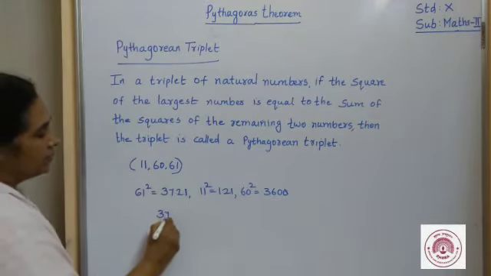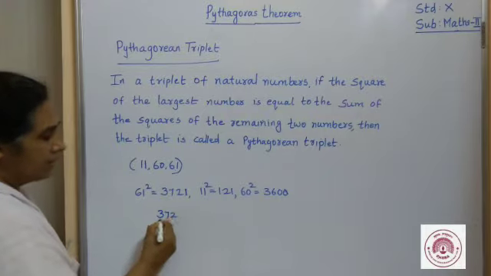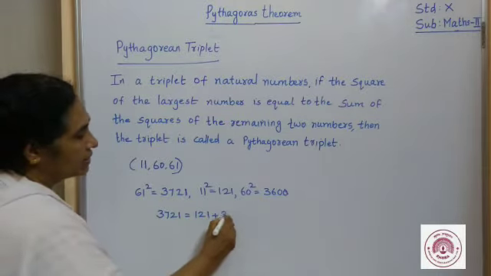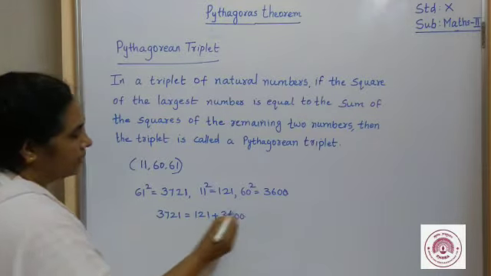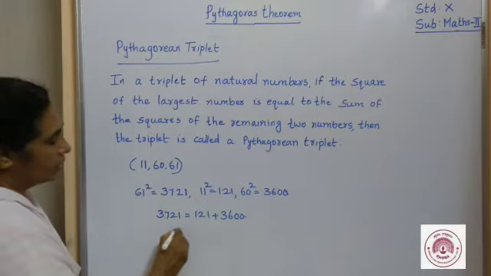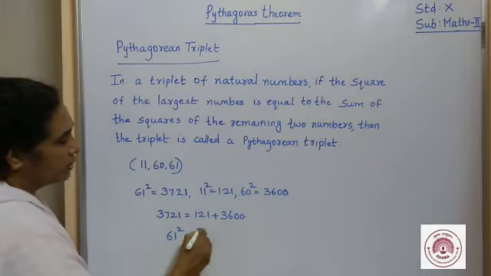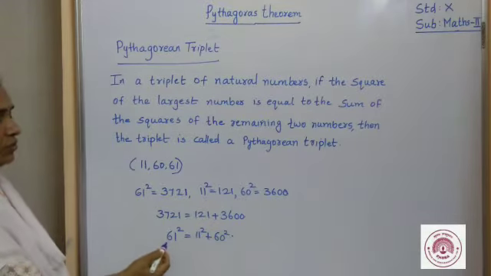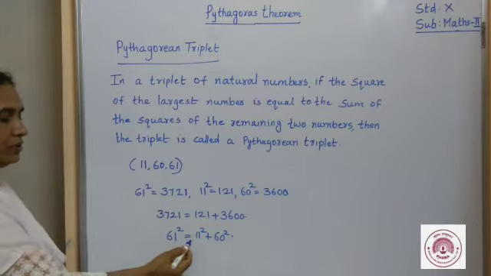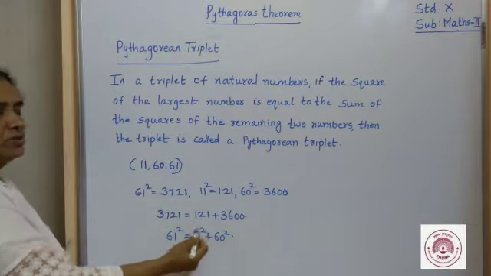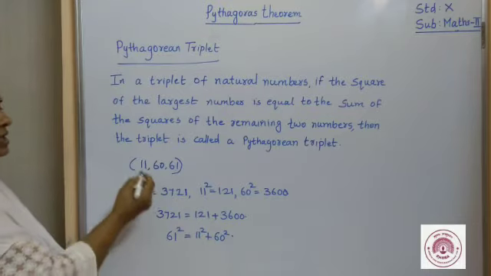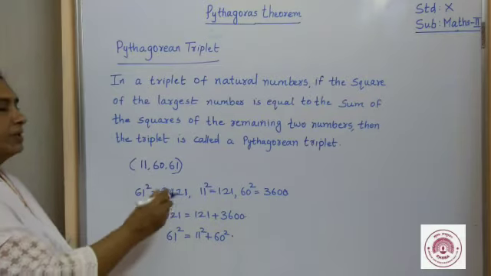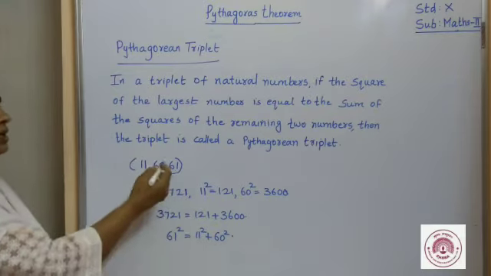And from this you can observe that 3721 is equal to 121 plus 3600. That is, 61 square is equal to 11 square plus 60 square. That is, the square of the largest number is equal to the sum of the squares of the remaining two numbers. Therefore, 11, 60, 61 is a Pythagorean triplet. You have to write the statement also.